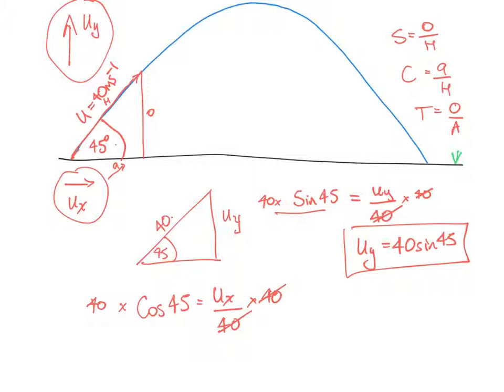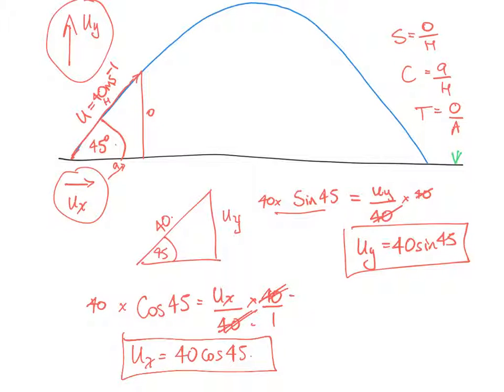They cancel, because this one is divided by this one. Remember, if you see a number on its own like that, it's pretty much that number divided by 1. These two cancel, so we get ux equals 40 cos 45. And there's our other one, our horizontal component.